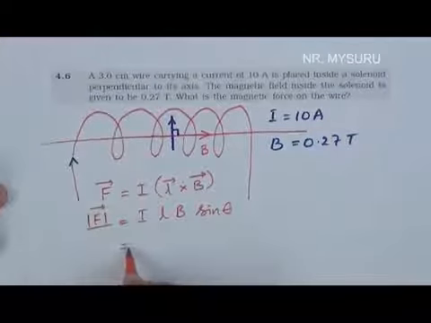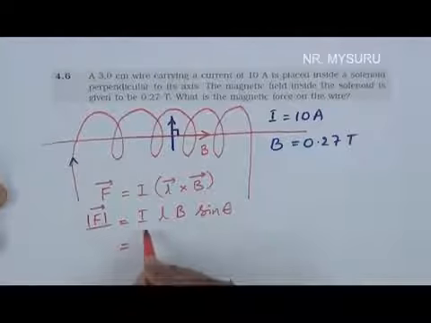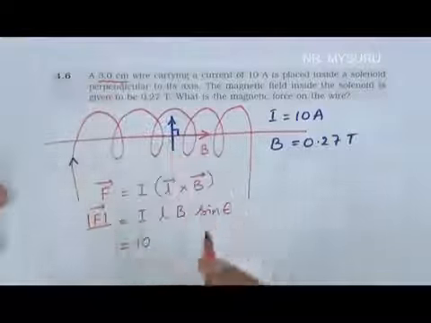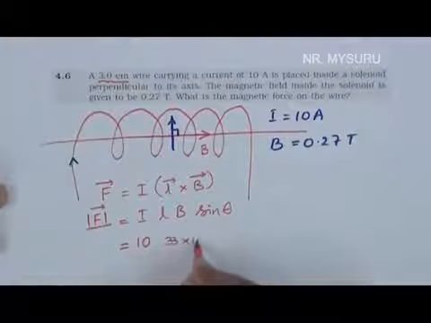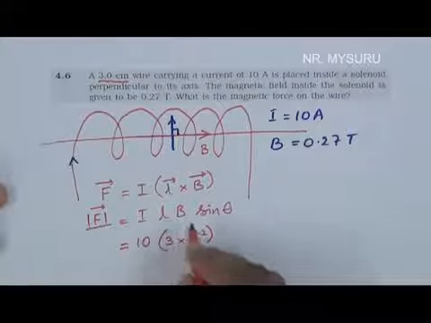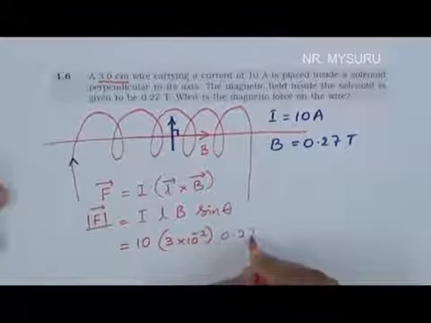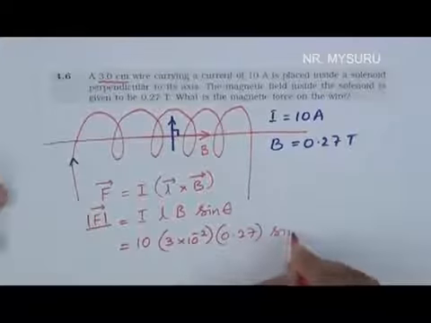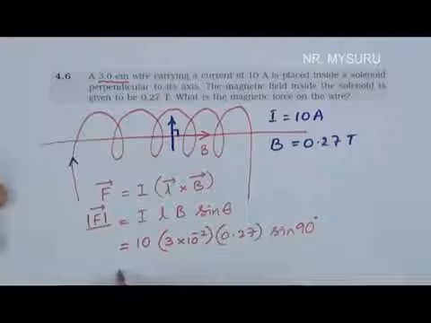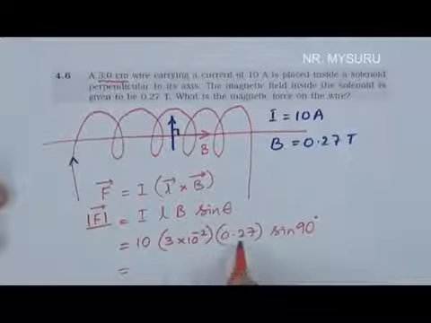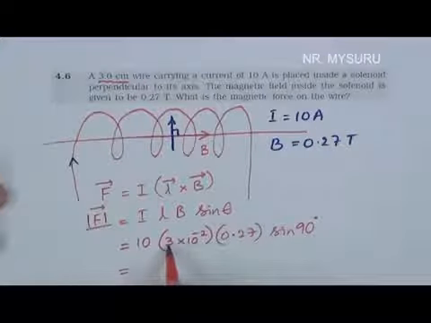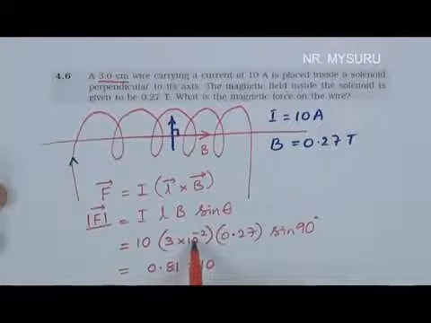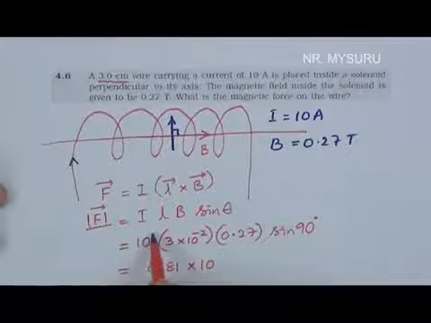Force is equal to current 10 ampere, length of the wire 3 centimeter, 3 into 10 power minus 2, magnetic field 0.27 Tesla, sin 90, sin 90 is 1. 0.27 into 3 is 0.81 into 10 power minus 2, 10 power 1, 10 power minus 1.